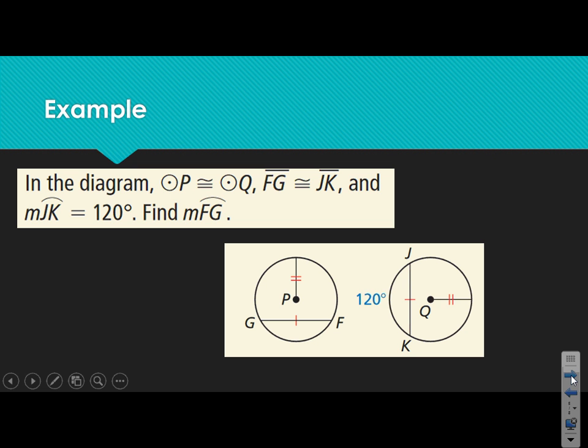So you need to figure out what FG is. Since you have two congruent circles, and you know two chords are congruent, that means their corresponding arcs will also be congruent. So JK is 120 degrees, therefore FG is going to be 120 degrees as well. Hopefully that makes sense.